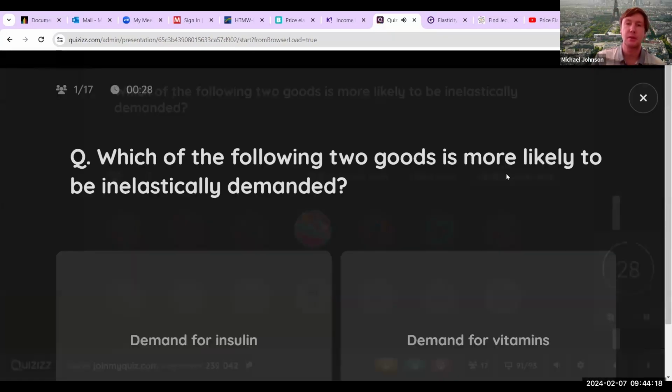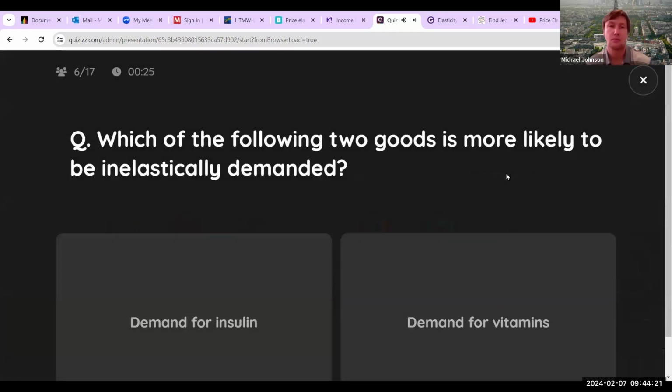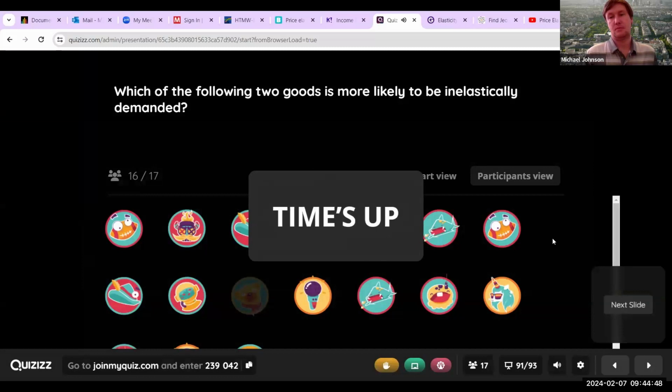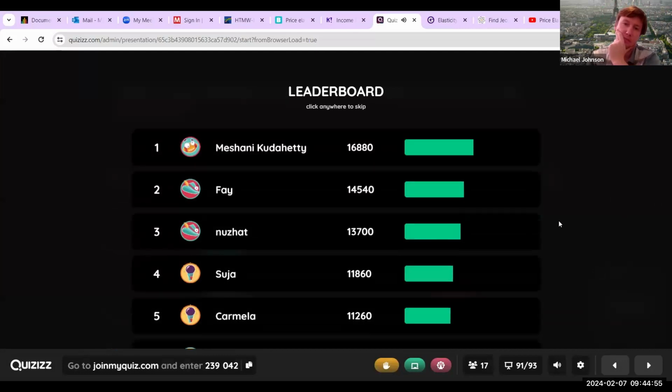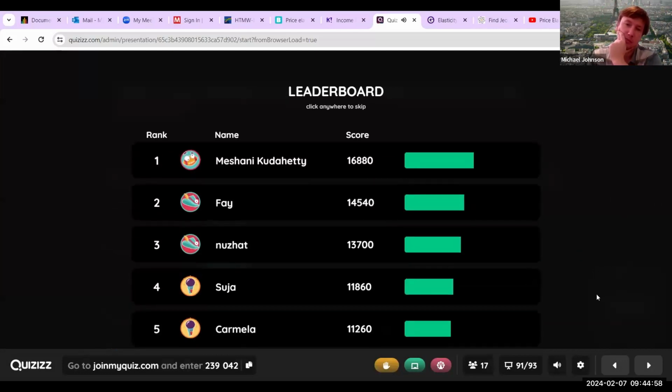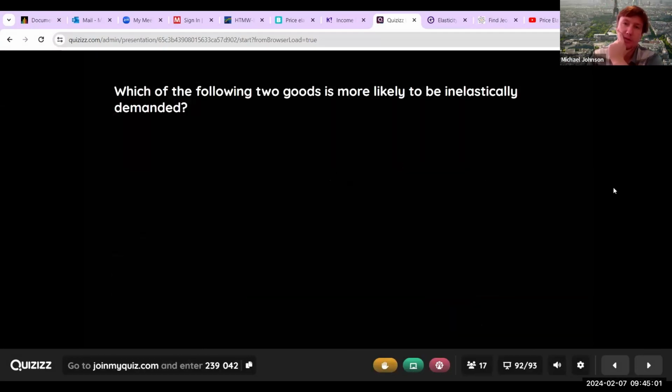Which of the following two goods is most likely to be inelastically demanded? Demand for insulin, yes.